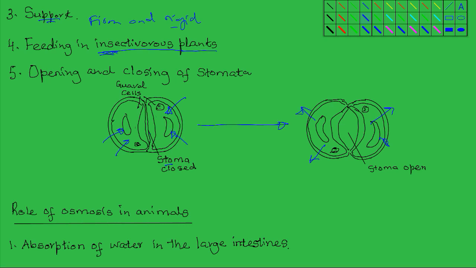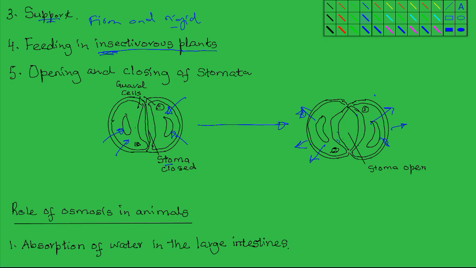So it is through osmosis that the opening of the stoma takes place, and also it is through osmosis when these turgid guard cells lose water, they become flaccid and come to lie close to one another, thereby closing the stoma. So opening and closing of the stoma depends on osmosis.